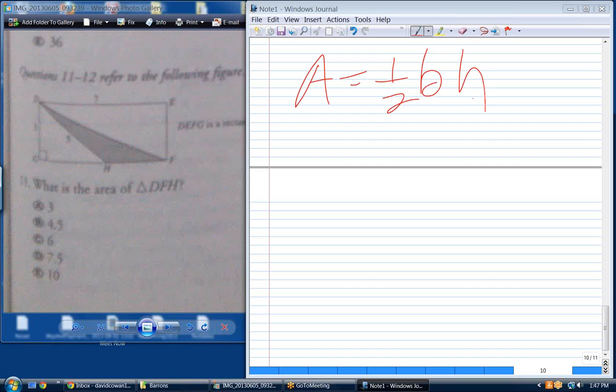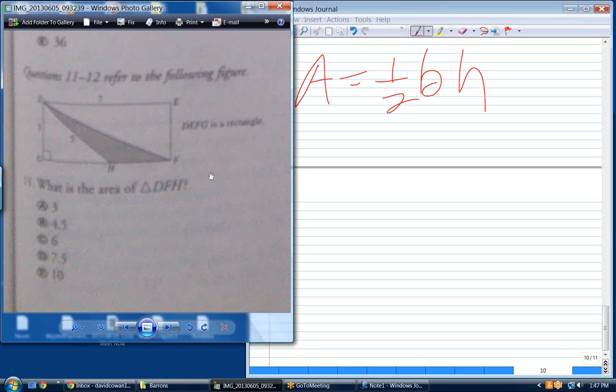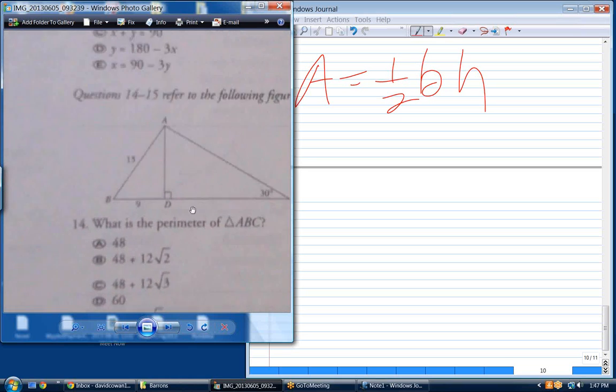In other words, that's the vertical height of that triangle. So this is kind of like the other problem, only they put this on its base. So it would be half of 3 times 3, which is half of 9, 4.5. Right. Okay.